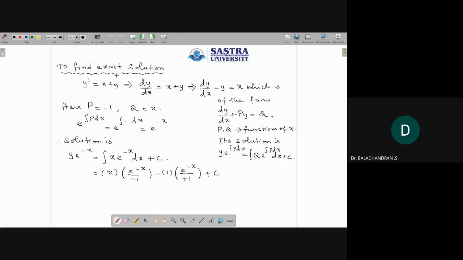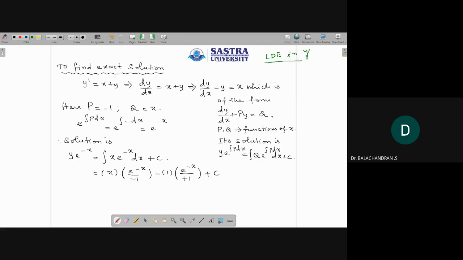So now to find the exact solution, the question is asking for the exact solution also. Okay. y dash is equal to x plus y. This is the given differential equation. So dy by dx equals x plus y, or you can write dy by dx minus y equals x, which is a linear differential equation in y.